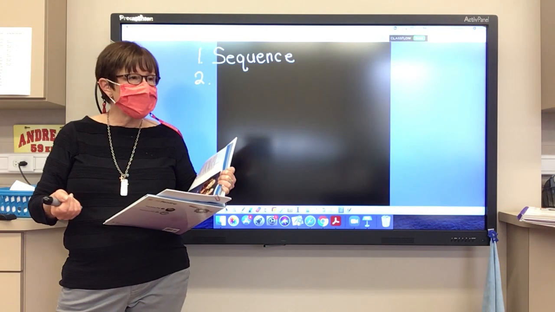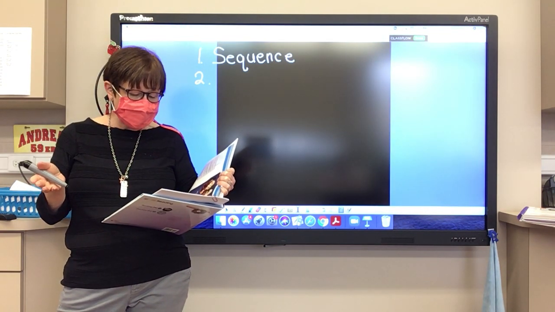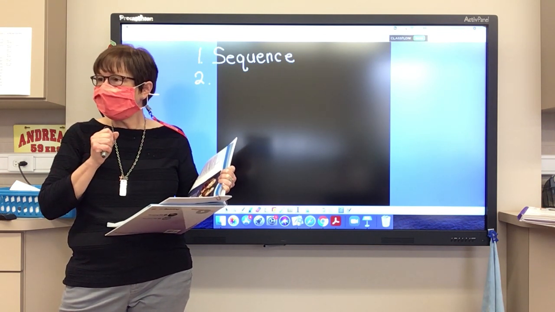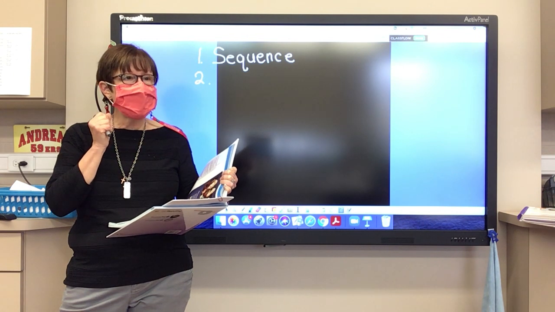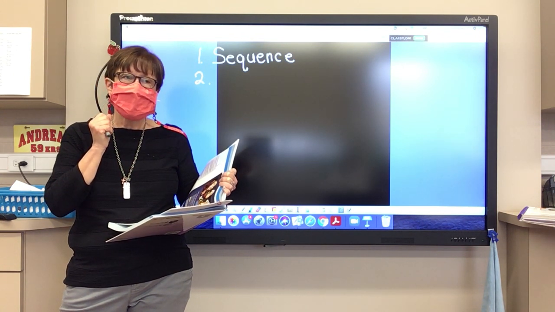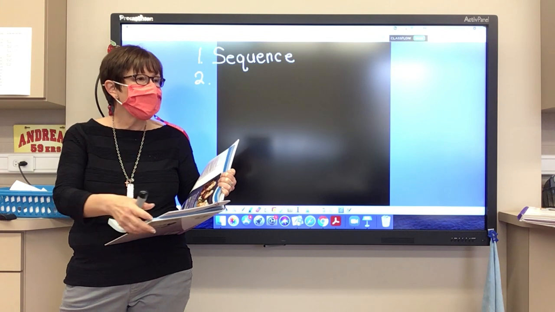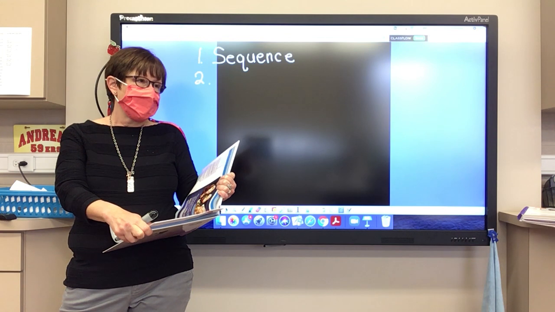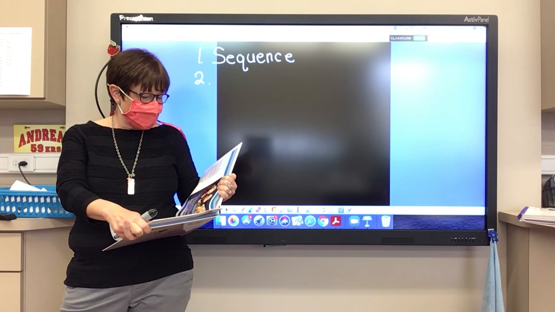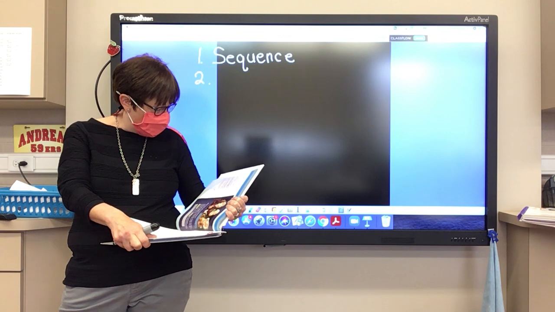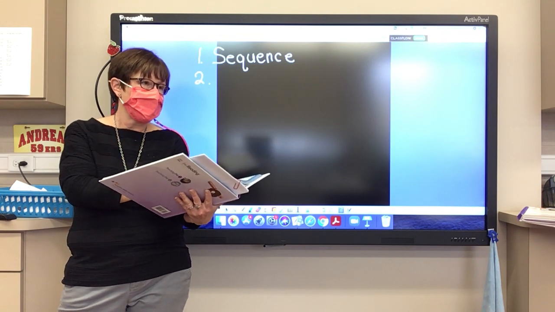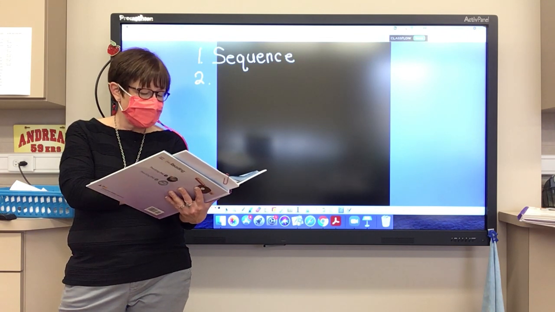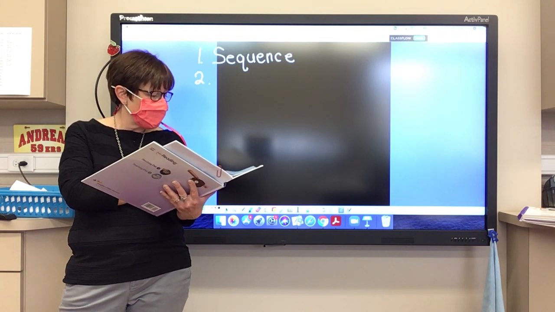And boys and girls, so why has the author used the text structure of sequence in this selection? Why do you think that? Yanni? After winning the Revolutionary War in 1783, and then on 234, it says in May 1787.